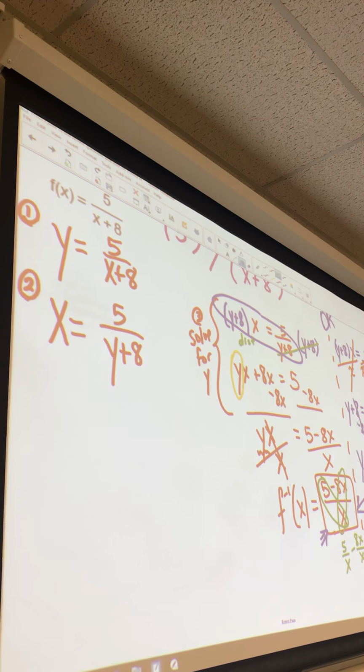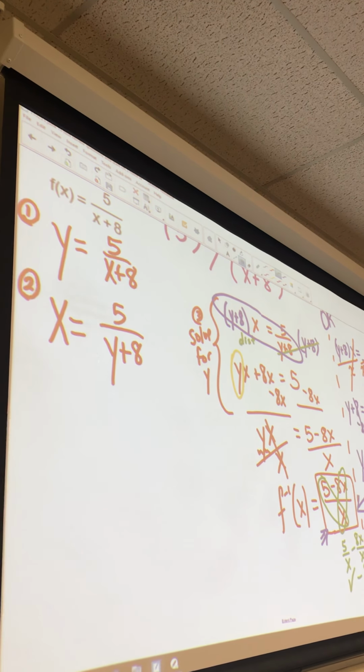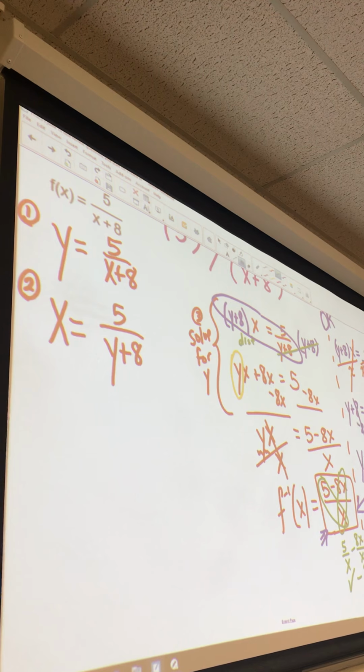Well, 5 over x doesn't simplify, but 8x over x simplifies to what? Plain old 8. And so that's what we had over here. So they are equivalent, they just look like totally different things. And it's just about which step clicks at this point up here along the way.